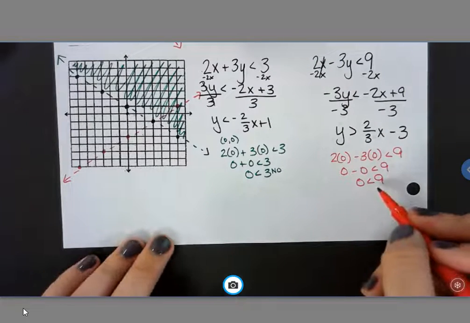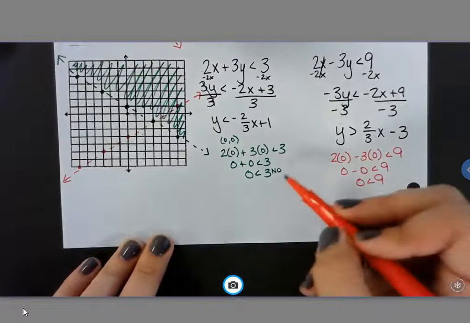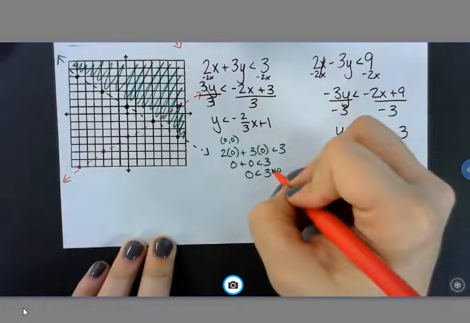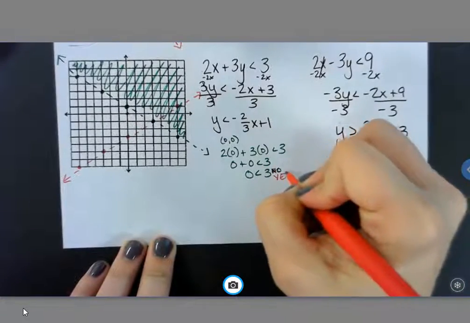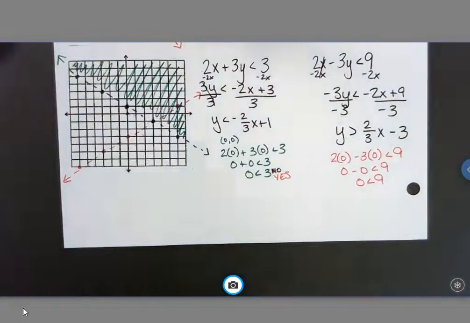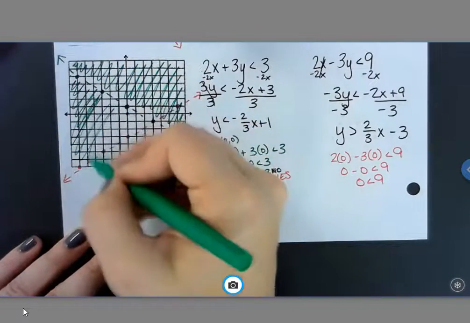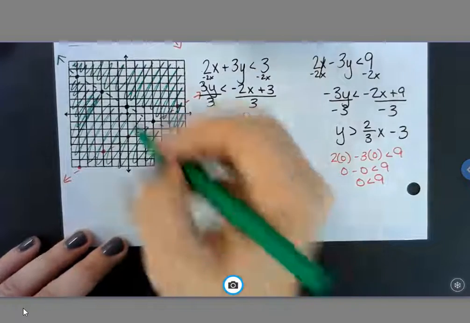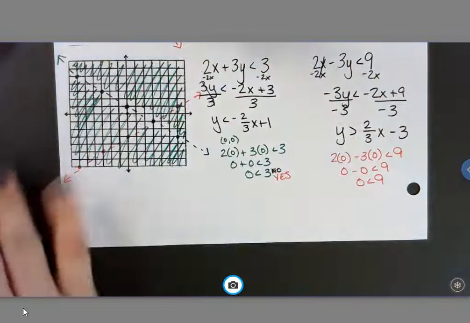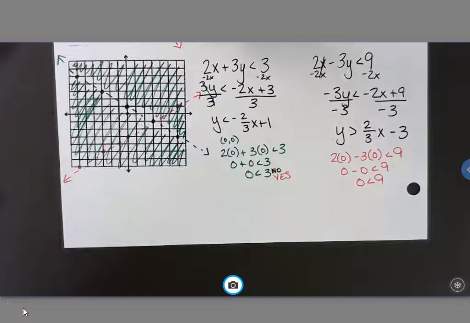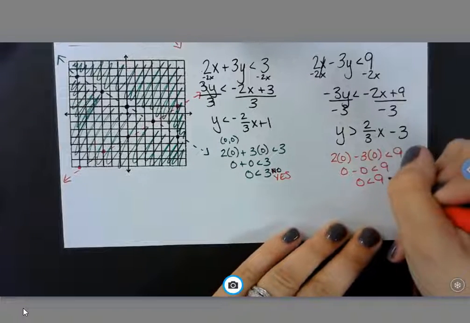0 is less, oh shoot, 0 is less than 3, isn't it? So I shaded on the wrong side over here. I'm going to switch that real quick. 0 is less than 3. We'll ignore that green part up there. And then 0 is less than 9.